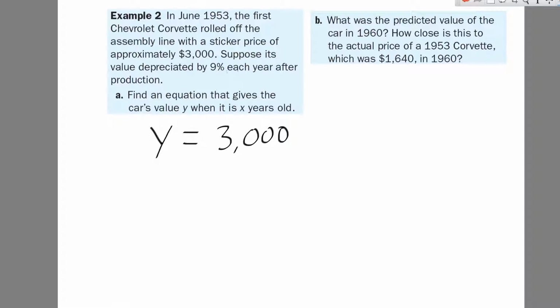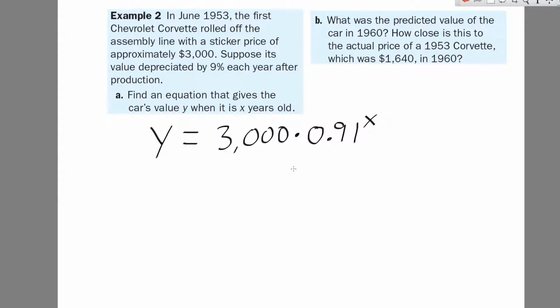It depreciated 9%, so it retained 91%, so 0.91, and that's per year, X. So it's 3,000 times 0.91 to the X is the value per year.